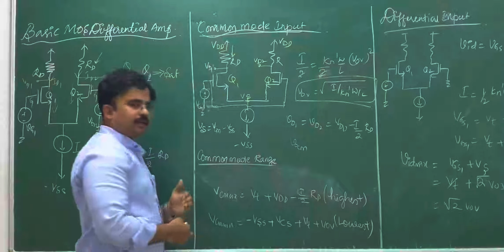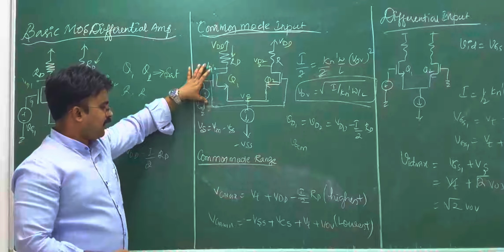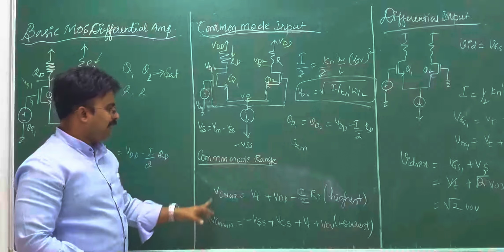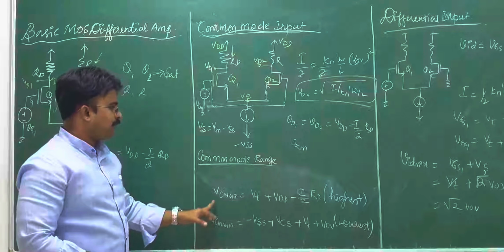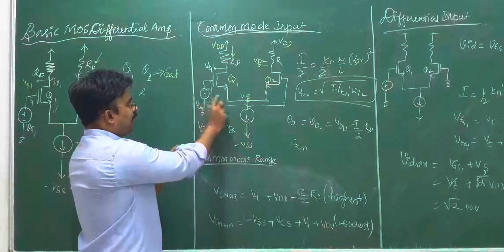And finally, what is the input range we need to provide for this transistor? Maximum and minimum value. This maximum and minimum value is obtained by considering that the input voltage is applied in this way.